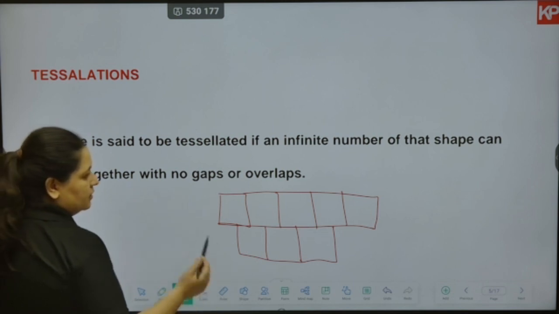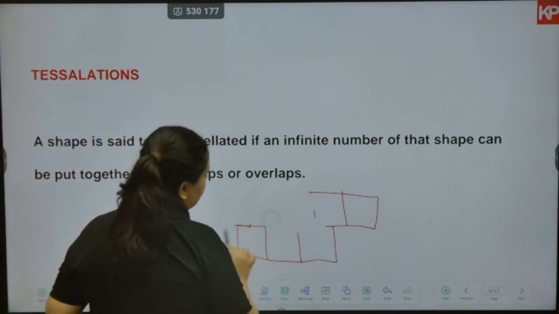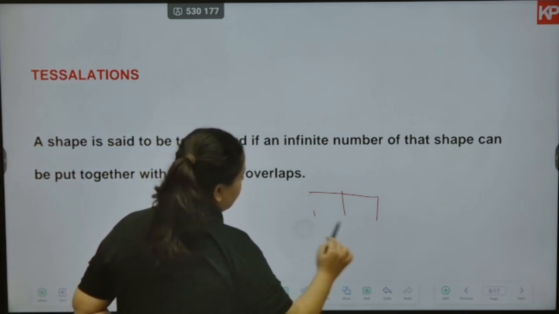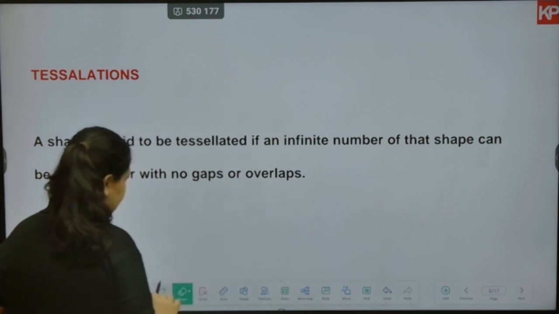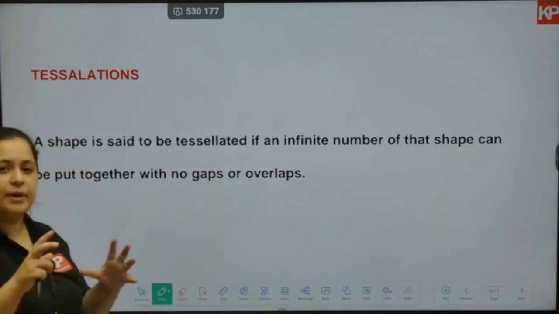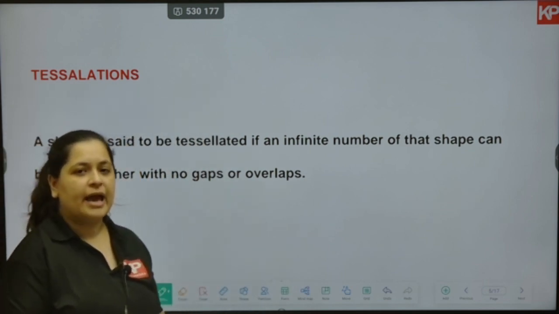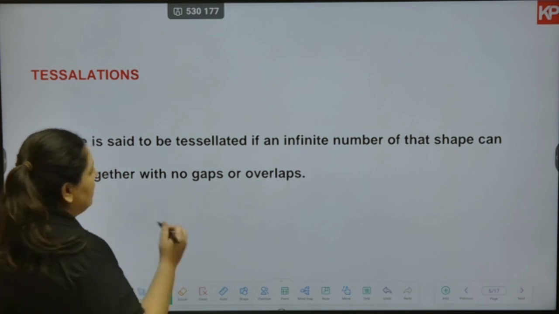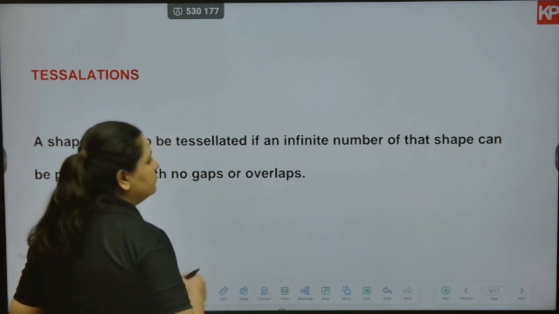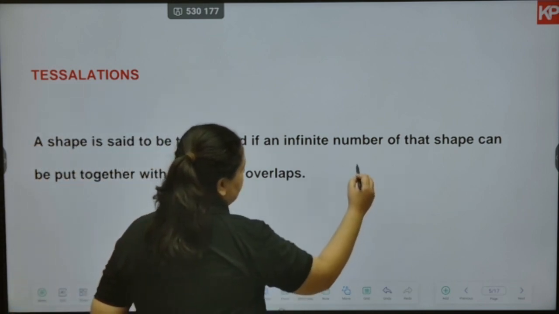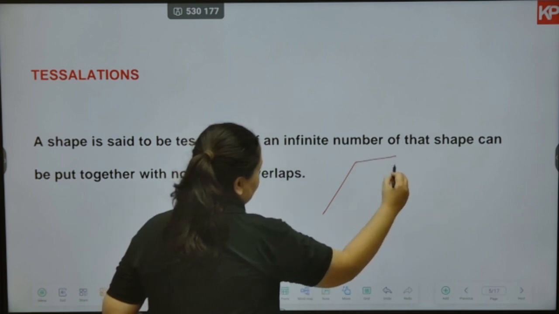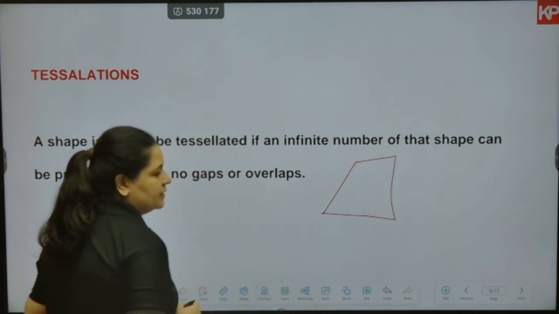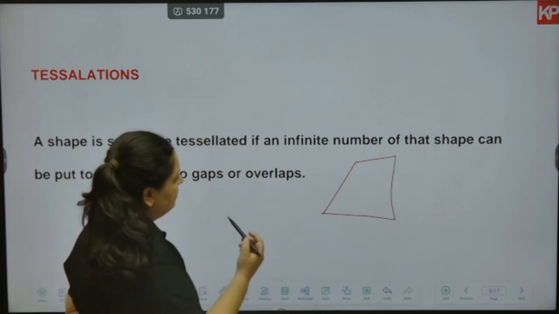Similarly, we can try and do this with a rectangle as well, and we will know that these rectangles also tessellate. That is how you get the brickwork pattern. That is how you get any tile pattern. Now let's check for a very random quadrilateral, for example. Something like this. Is this going to tessellate? Let's check.